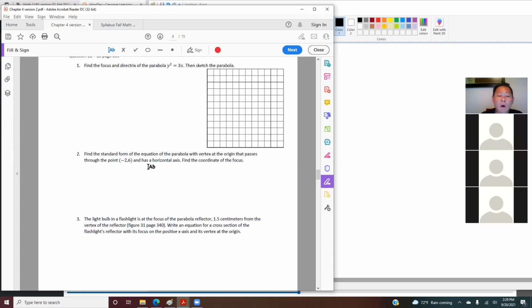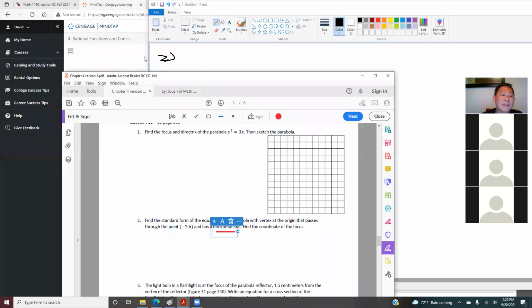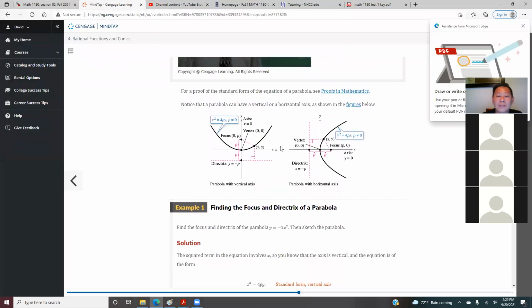When I say horizontal axis, this is very important. Can you tell me which formula is for the horizontal axis, this one or this one? First one. The first one is called what?